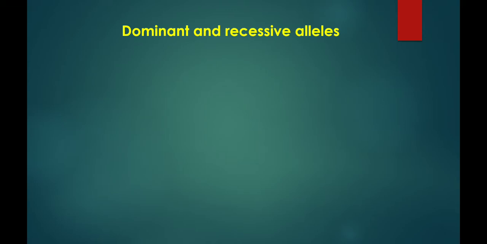Next come the dominant and the recessive alleles. Out of the two alleles, one is a dominant allele and another one is the recessive allele. What is the meaning of dominant allele? Dominant allele means super ruling allele. That means this allele will always be expressed.